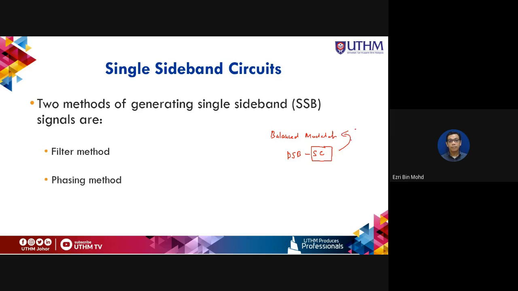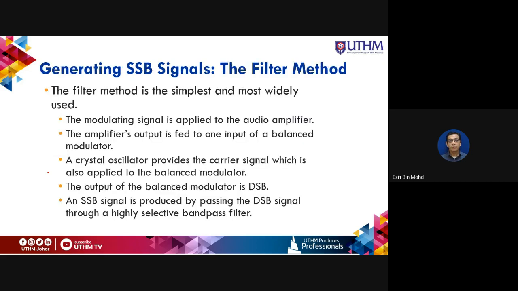The two methods of generating single sideband signals are the filter method, which is the RF filter method, and the phasing method. So there are two techniques to further enhance our double sideband suppressed carrier to single sideband suppressed carrier. The first one is the filter method.